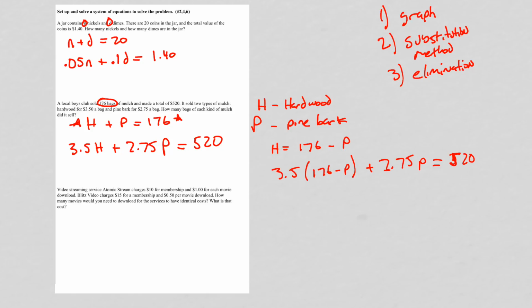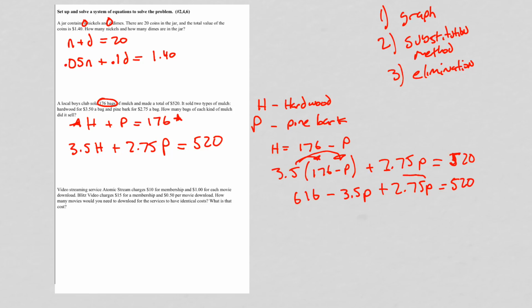That's what they're there for, to use them. So 3.5 times 176 is 616. I'm just distributing multiplication here. Minus 3.5P plus the 2.75P, and all that is 520.